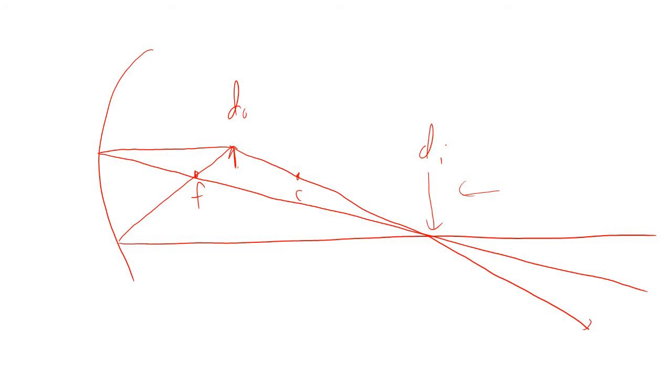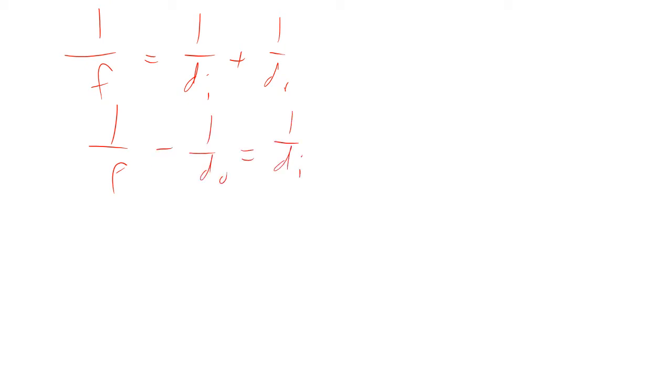So now what we can do is start using equations. 1 over f equals 1 over di plus 1 over do. So 1 over f minus 1 over do equals 1 over di. So di equals (1 over f minus 1 over do) to the minus 1.